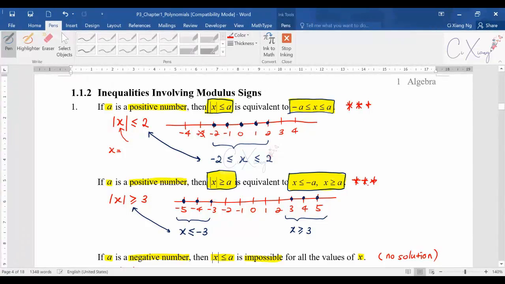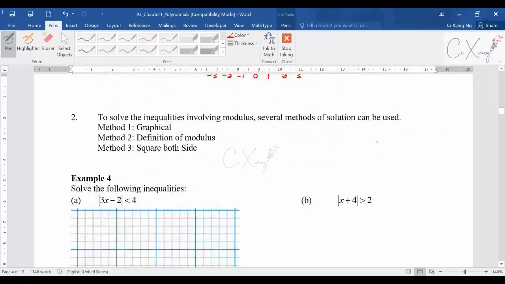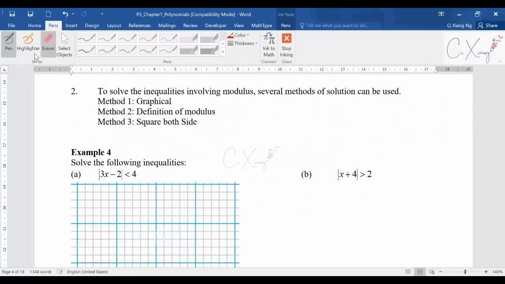All right. Now we continue to see how we are actually going to solve inequalities with the modulus function. In our notes here, to solve inequalities that involve modulus, there are also a few methods you can use.